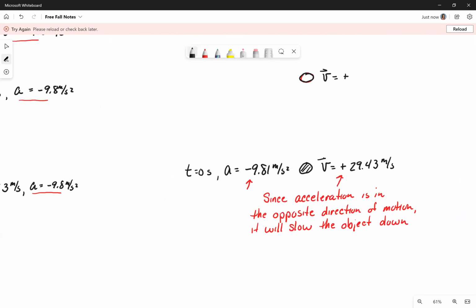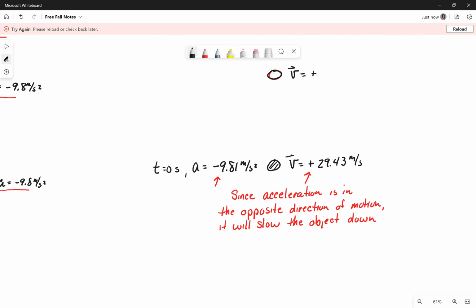So in this case, it's going up: 29.43 minus 9.81 gives 19.62 meters per second as my velocity at t equal to 1 second, if I threw it with this initial velocity. I'm using these numbers to make my scenario very easy.